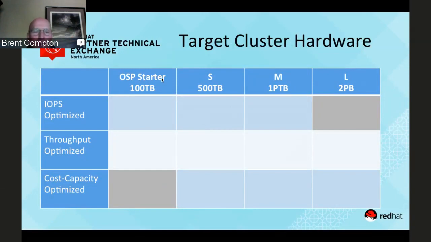But for the other ones, we've said, okay, small starts at half a petabyte, medium... Oh, look at that typo there. Under medium, is that 1 petaterabyte? What is that? It's meant to be 1 petabyte, so need to strike the T out of that, or large. Okay.